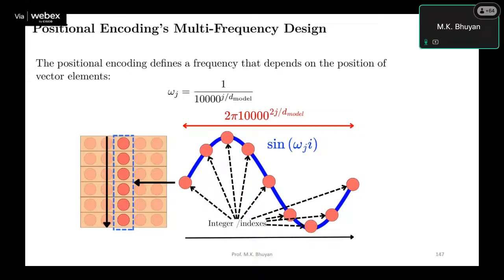Corresponding to another point in the sinusoidal wave, you have one element of the vector in that vertical line. This is the positional vector, and corresponding to this red point of the sinusoidal curve, you have one position in the vector. So that is the positional encoding by considering multiple frequencies.